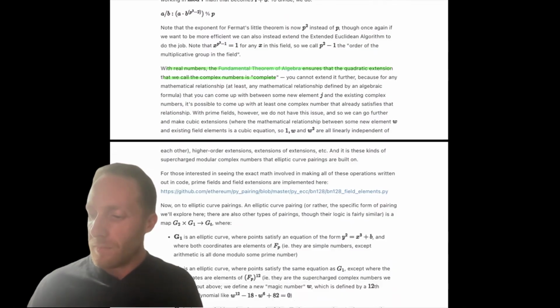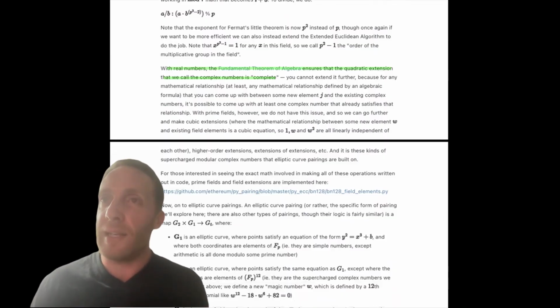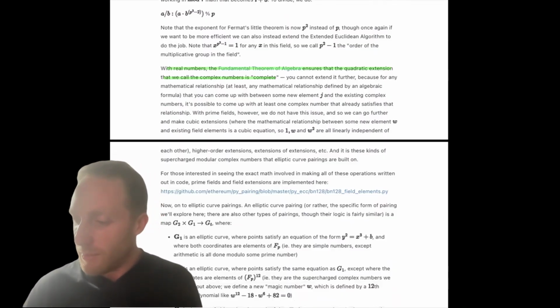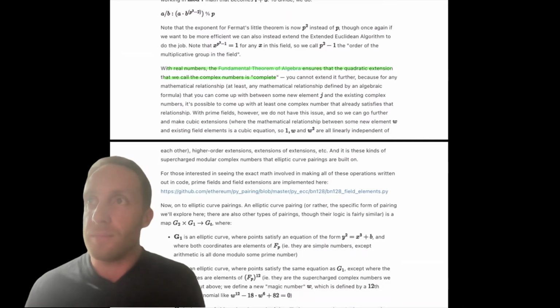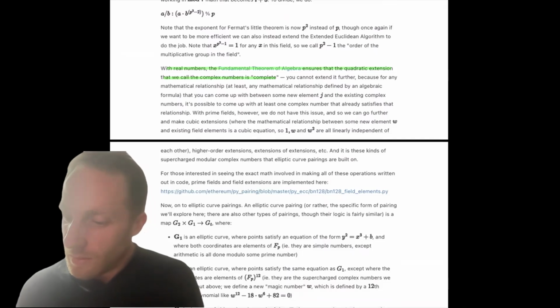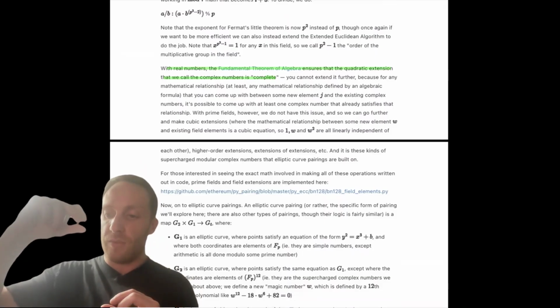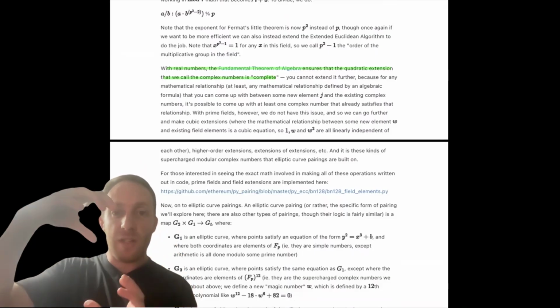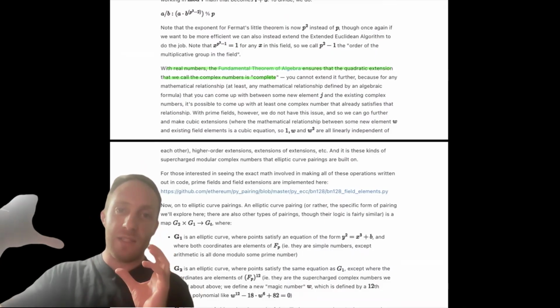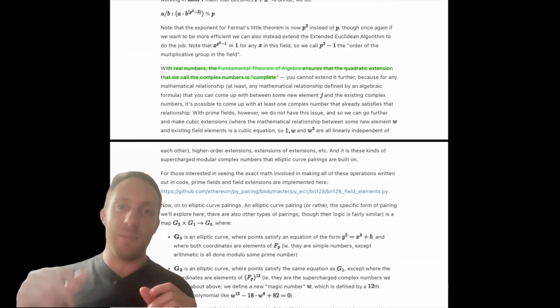But all that to say, I just want to get to the important snippet here. Basically, when you tack on the i, what he's saying is that you can no longer make any more extensions of the complex numbers. So you take the real numbers, you tack on an i, you get the second dimension, you get complex numbers.